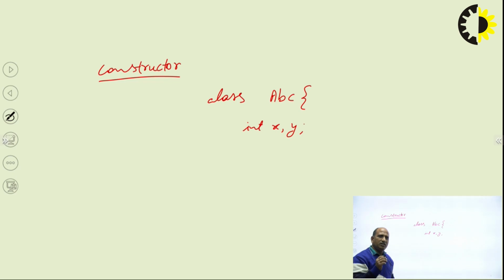For this initialization in C language, there is a concept of storage classes that determines the initial value of variables. But in Java, if we want to initialize these variables, we have to create an object of this class. Then, using the object name with the dot operator, we have to access these variables and assign some initial value.